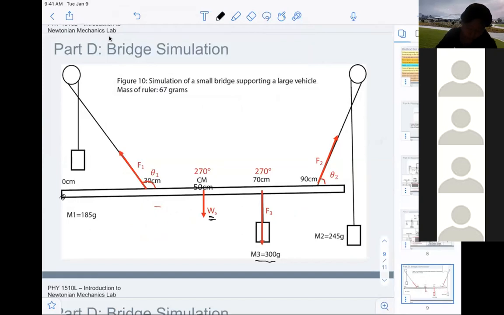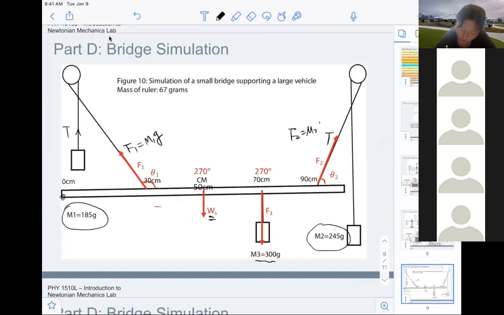F1 and F2 are actually tension, right? But the tension is everywhere the same, and it's provided through this pulley to balance these two other masses. So you can see the tension here is F1, simply going to be M1G. The F2 here is simply going to be M2G, okay?